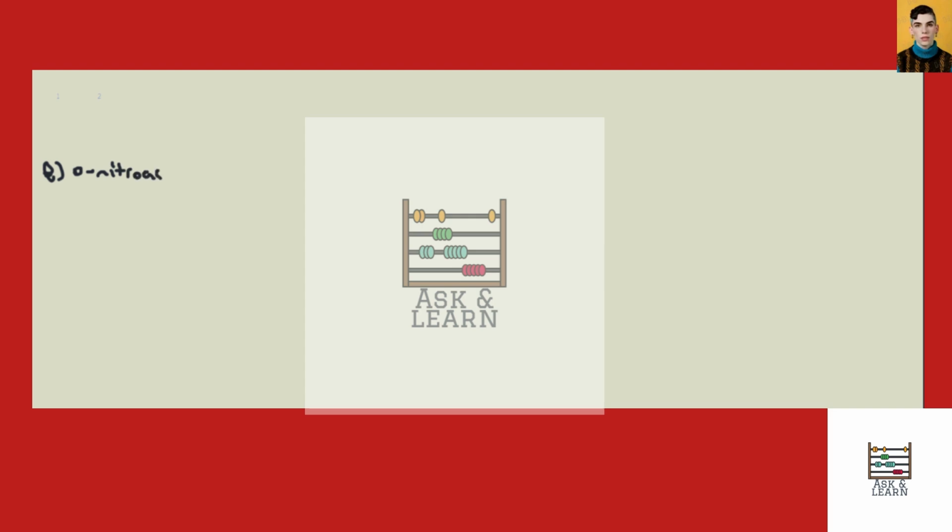Remember, because it's an aromatic ring, we would use ortho meta para designation rather than saying 2-nitro. Also, because it's an aromatic ring, we can call this acetophenone. So this is going to be o-nitroacetophenone. So o for ortho, nitro, acetophenone.